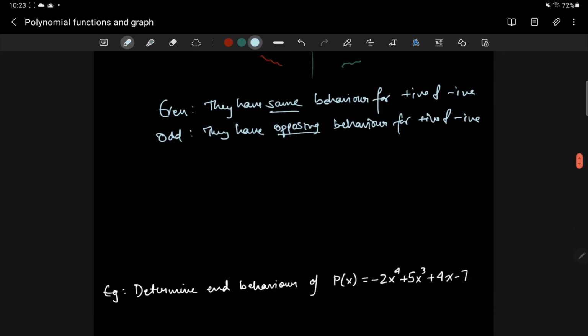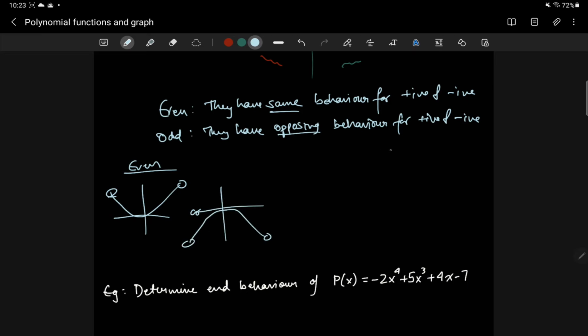And essentially what that means is, for even, you can only have 2 possible behaviors. You can end up both over here or both over here. And then for odd, also there's only 2 possibilities, namely you end up here and here or you end up here and here.